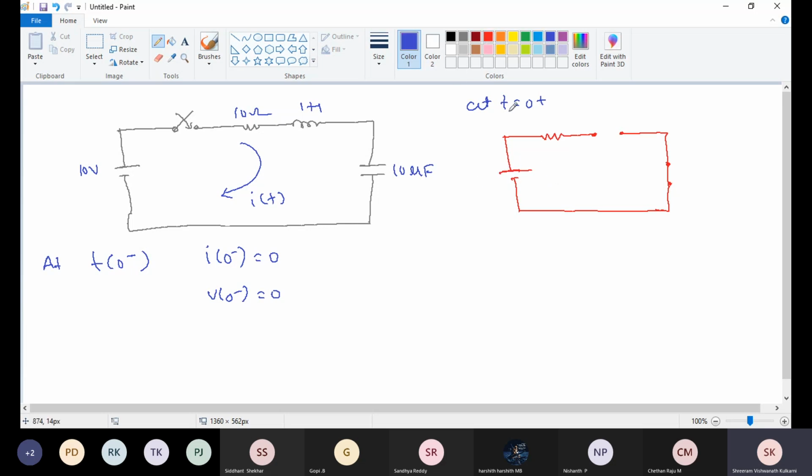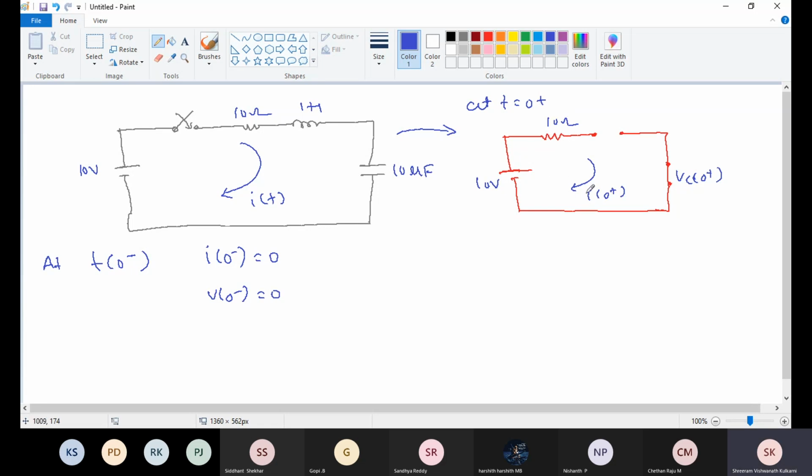Now this is 10 volt, this is 10 ohm, inductor becomes open, capacitor becomes short. This is the circuit I have redrawn at t equal to 0 plus. Fine.